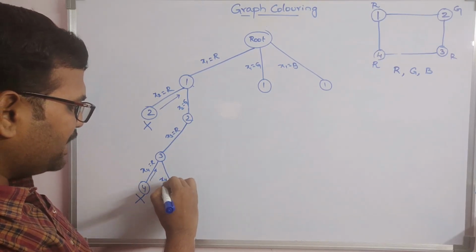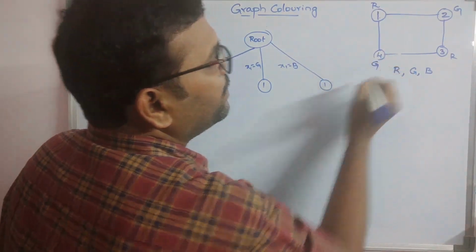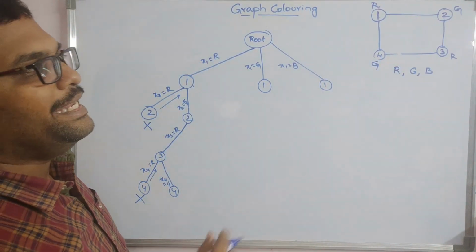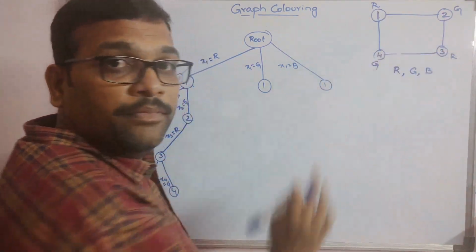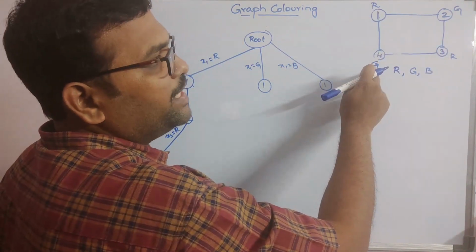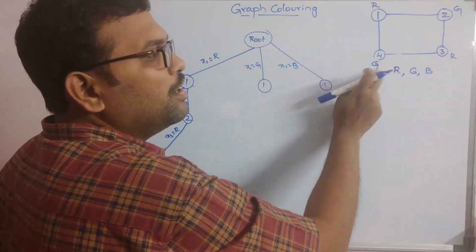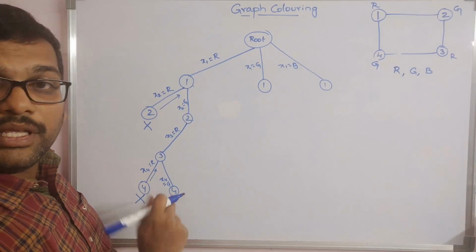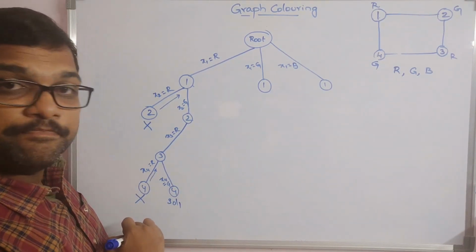That is, if x4 is filled with green. Is it possible? Yes. So 4 has the adjacent nodes 1 and 3, both filled with R. So 4 is filled with green. Yes, it's possible. So this will be one solution.